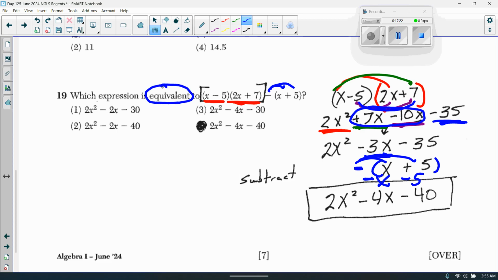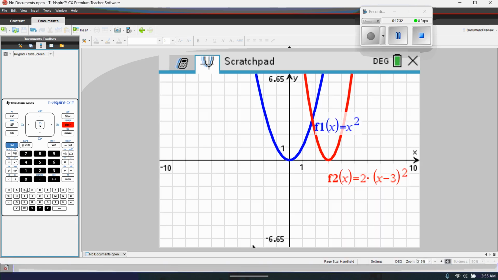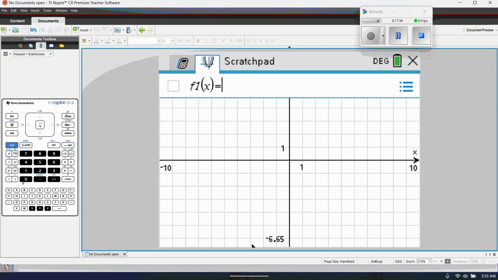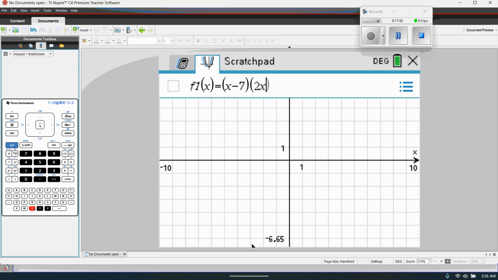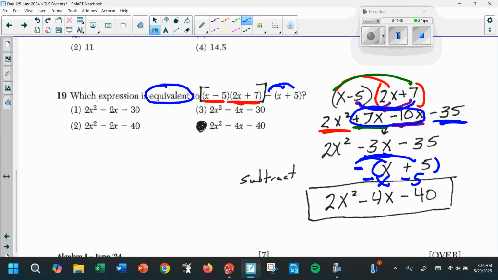Whenever you see the word equivalent, or you see expressions or equations, I would just graph this. So let's do it. Okay, so Doc B, let's graph the whole question. Again, let's pretend I actually remember what it said. X minus 7, parentheses, 2x plus 7.